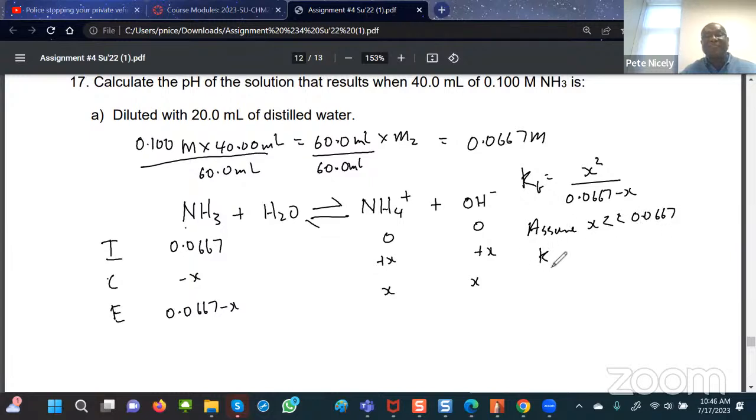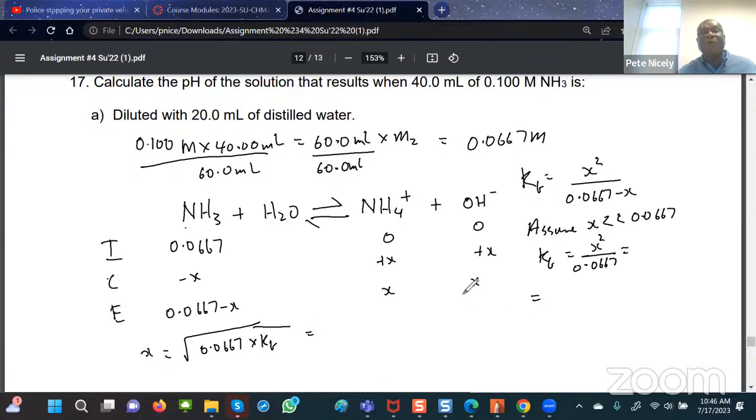So that simplifies the equation to KB is equal to x squared over 0.0667. So x will be equal to the square root of 0.0667 times KB.